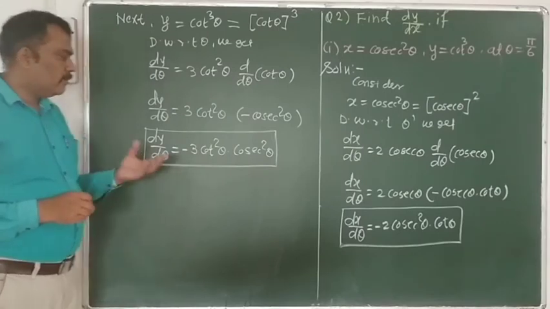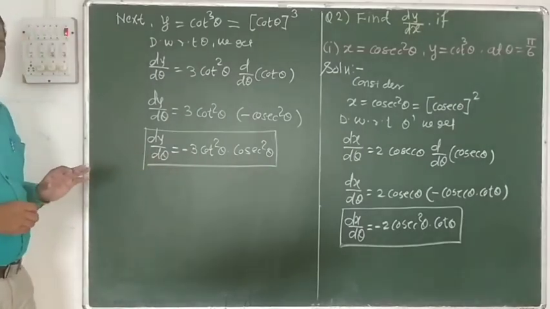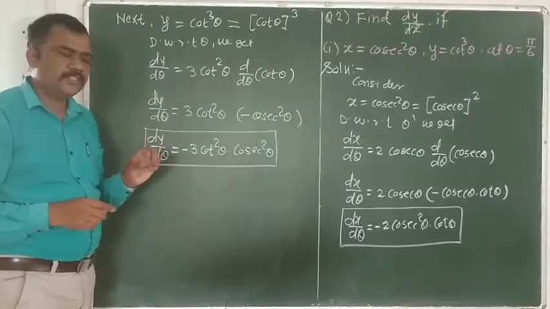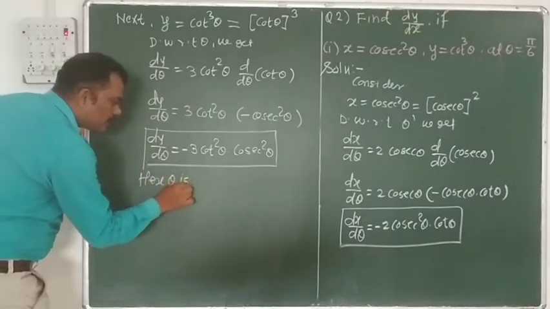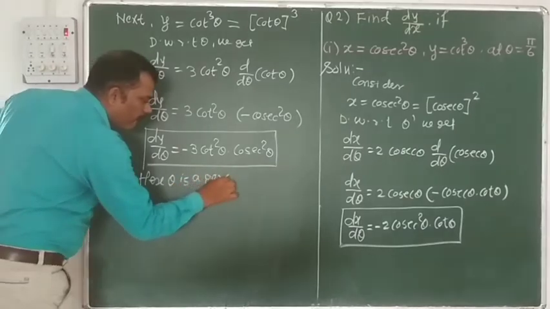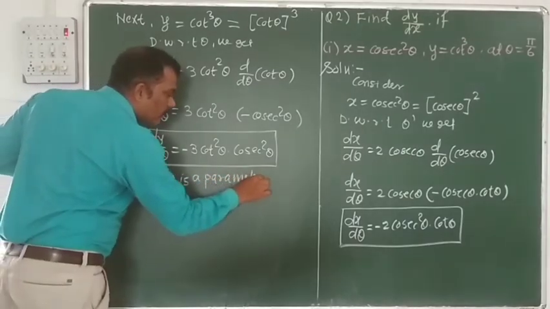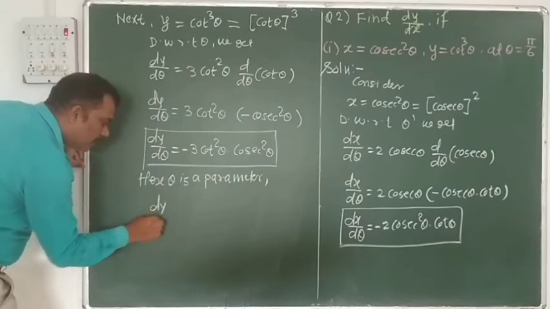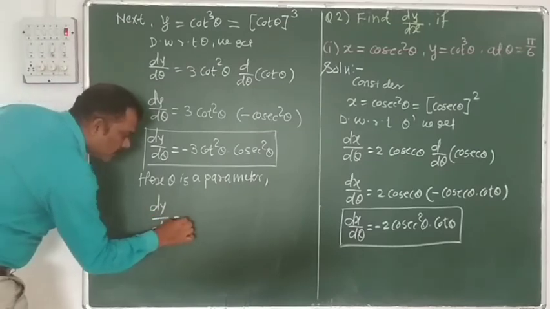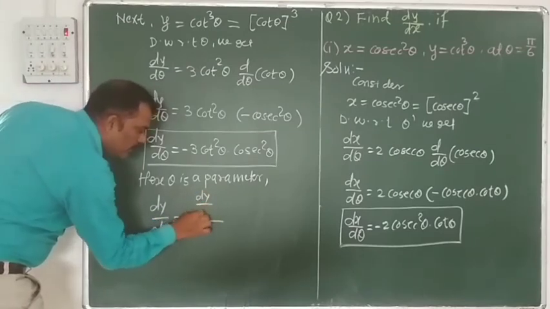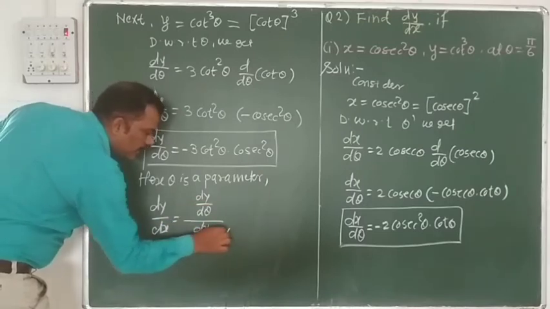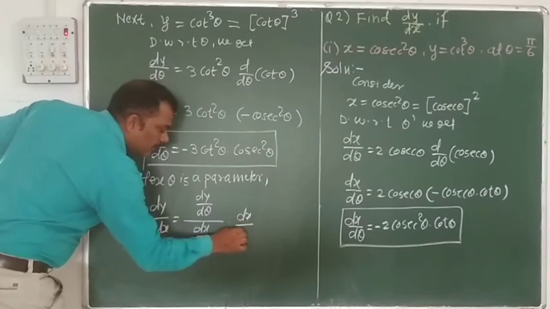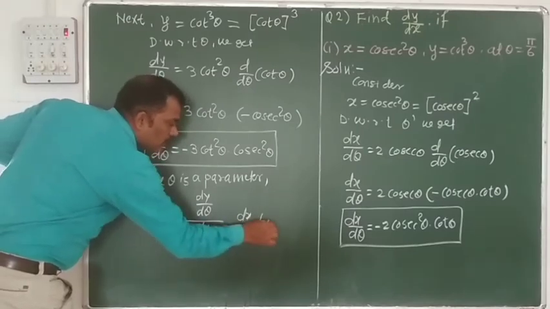But here theta is the parameter, so by using the derivatives of parametric functions, we can write, here theta is a parameter, so that we can write dy by dx is equal to dy by d theta divided by dx by d theta, with dx by d theta not equal to 0.